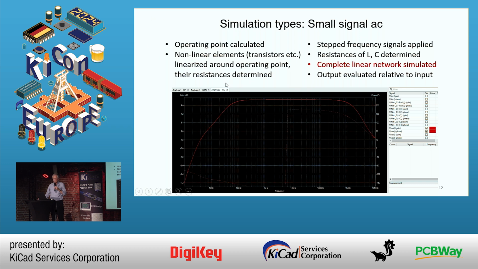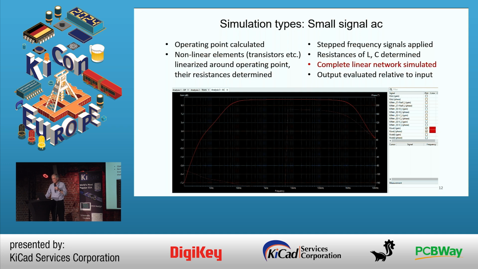And the resistances of all these node-to-node nonlinear devices are determined. And then, of course, we put frequency on, and then we calculate the impedances of the inductors and capacitors. And then we have a matrix of linear elements.